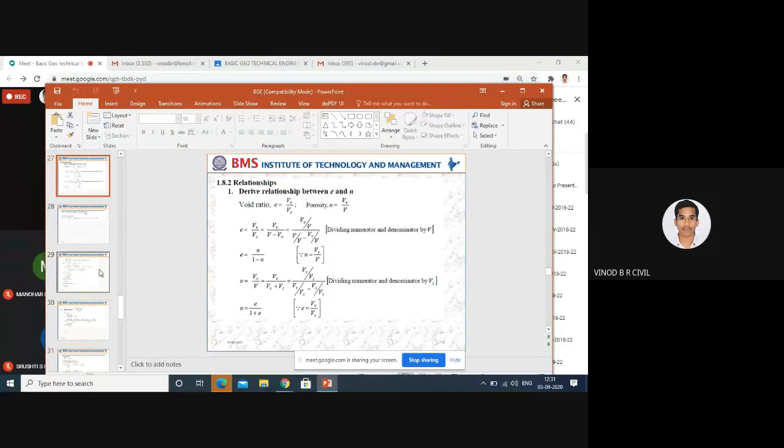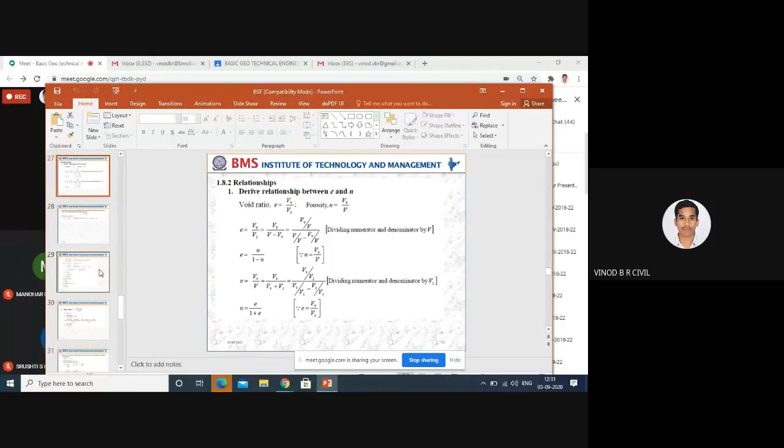And porosity, denoted by n, equals volume of voids divided by total volume.